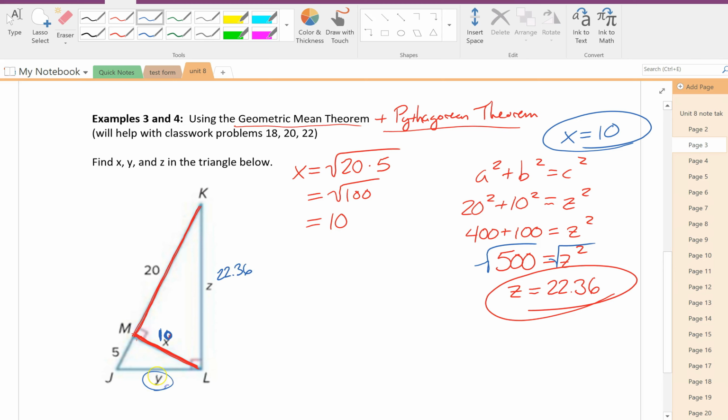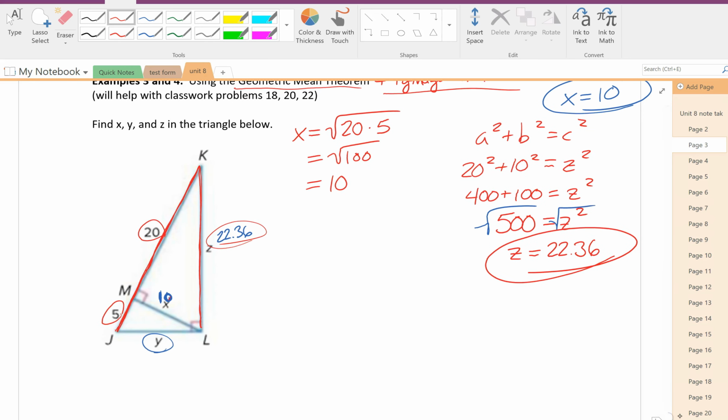Now I just need to find y. Well, looking again at my triangle, what I can see is that I know this whole side is just 20 plus 5, and I know this side right here is 22.36. So y is just going to be one of the legs of a right triangle, so I can use the Pythagorean theorem again.